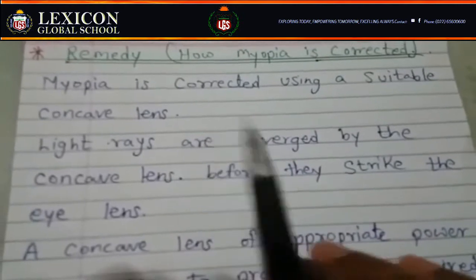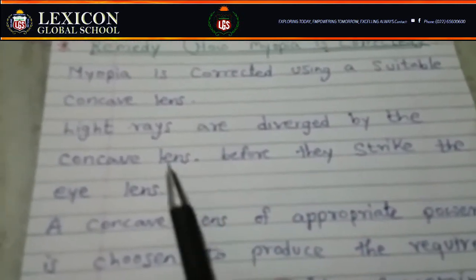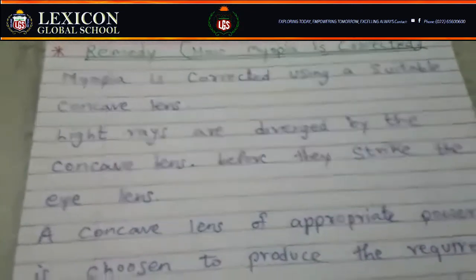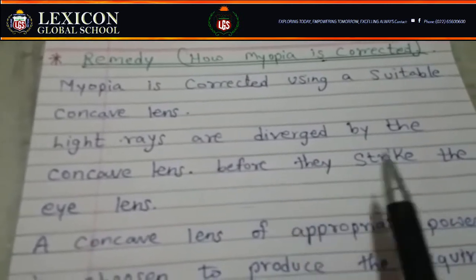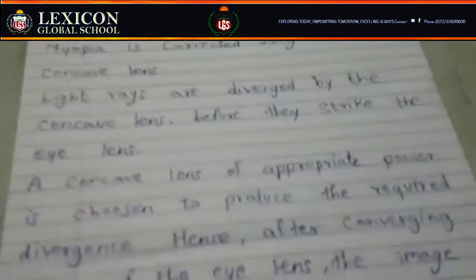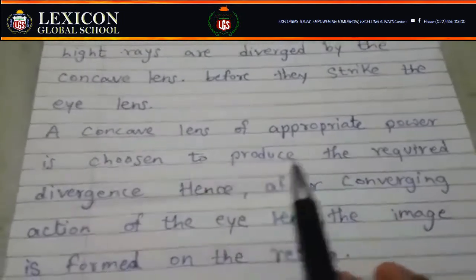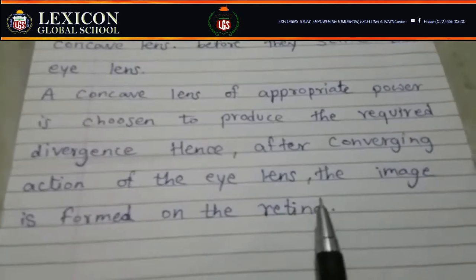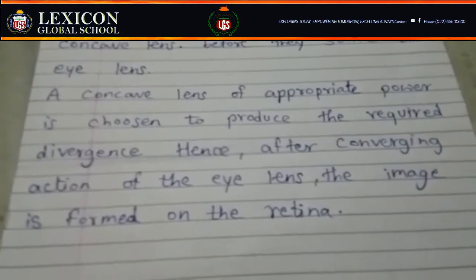Therefore we need to diverge the rays so that they fall on the retina. See here, light rays are diverged by the concave lens before they strike the eye lens. The concave lens of appropriate power is chosen to produce the required divergence. Hence, after the converging action of the eye lens, the image is formed on the retina.